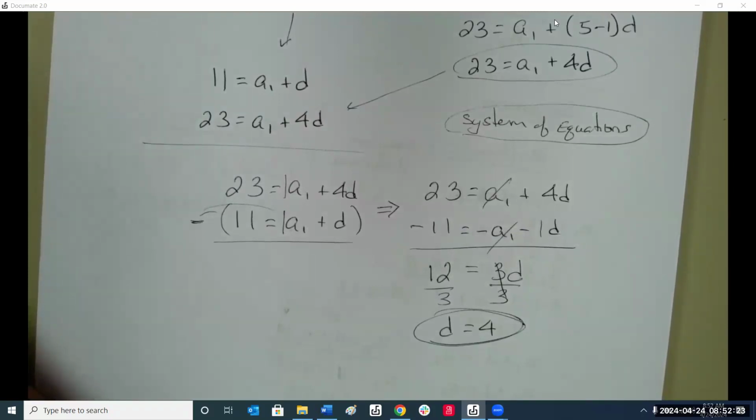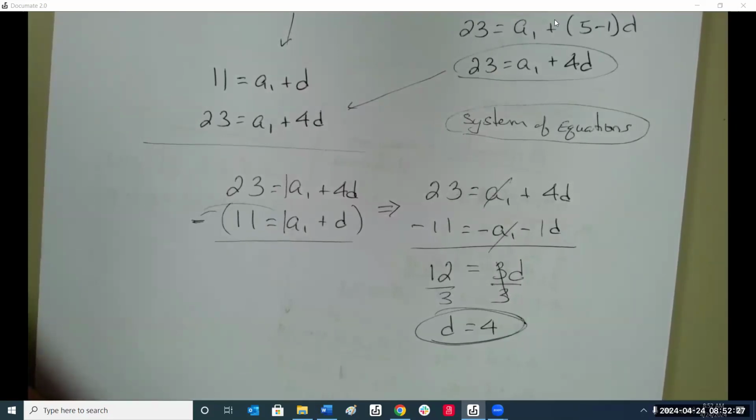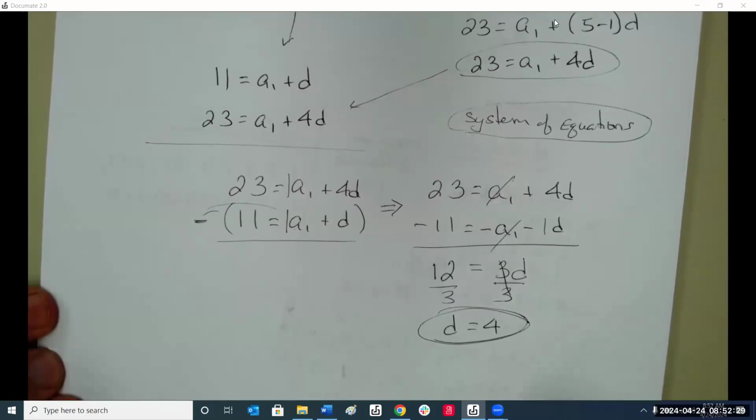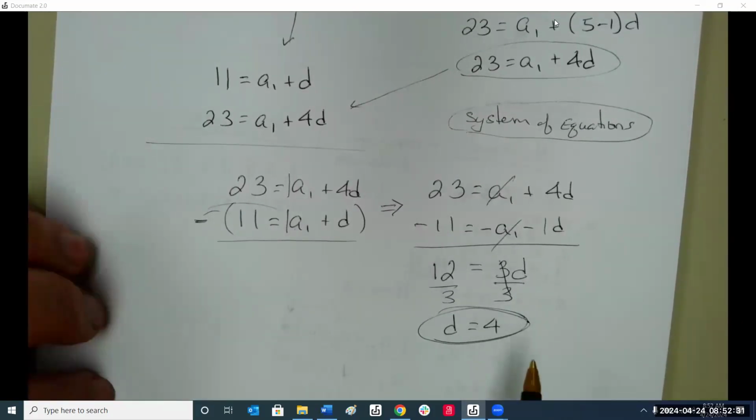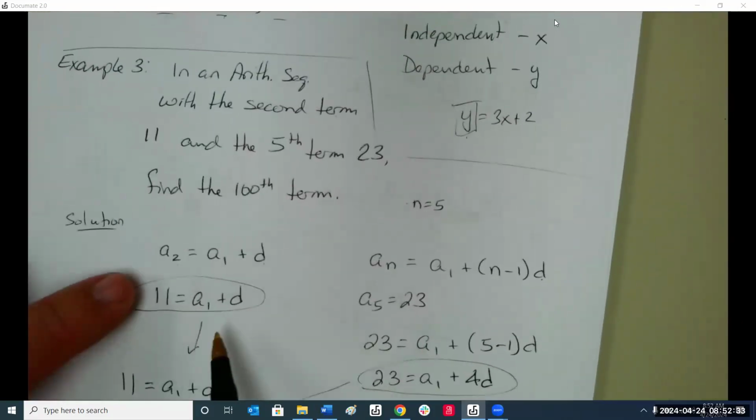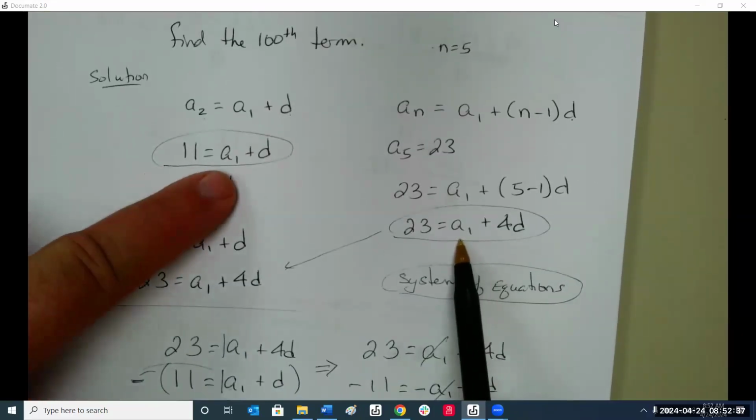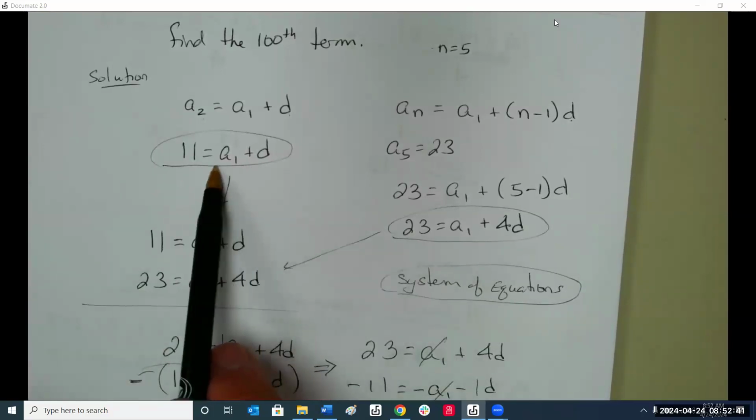Why do we need to know d? So we can find a1, exactly. I can use either one of these two equations to find a1. It's easier for me to use the shorter one.